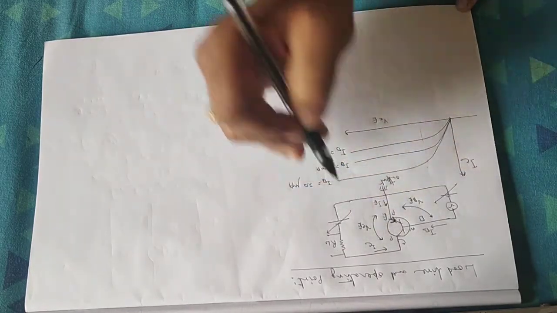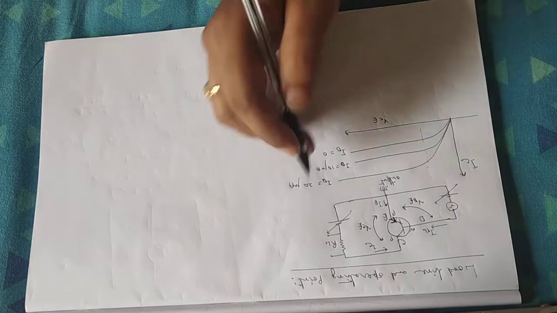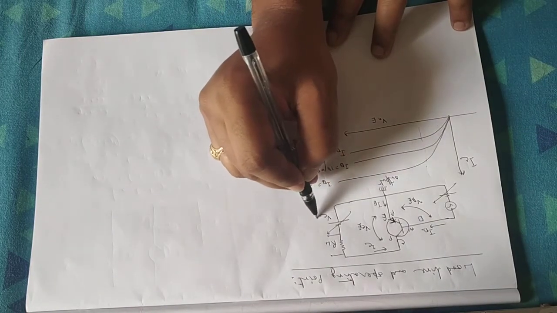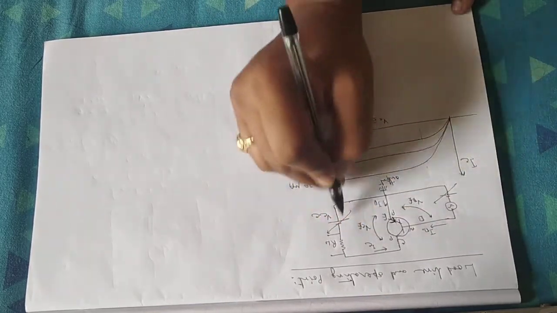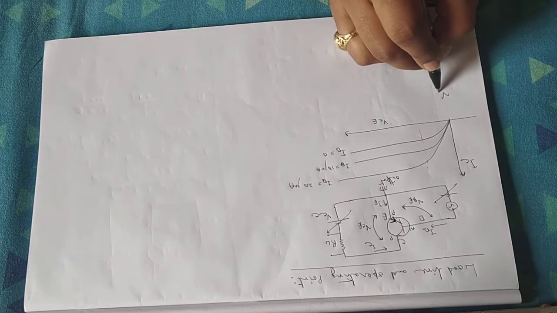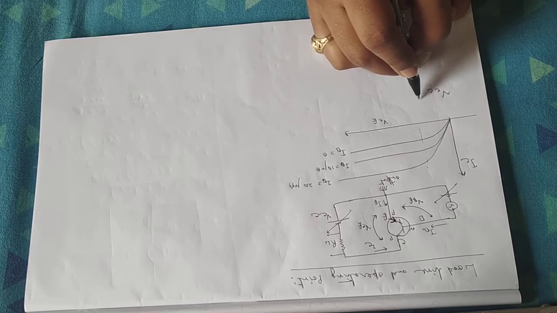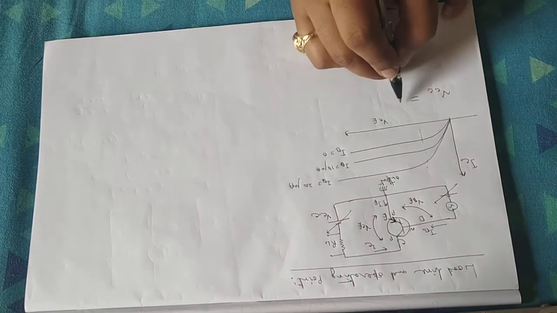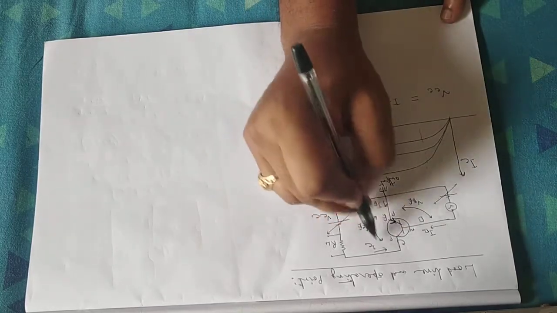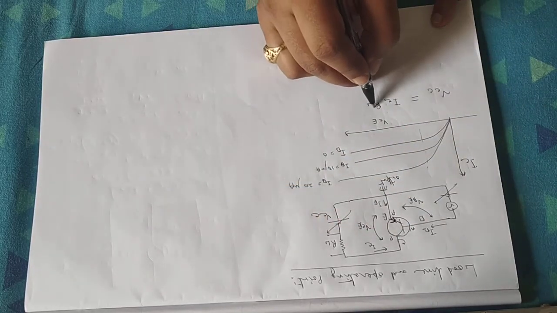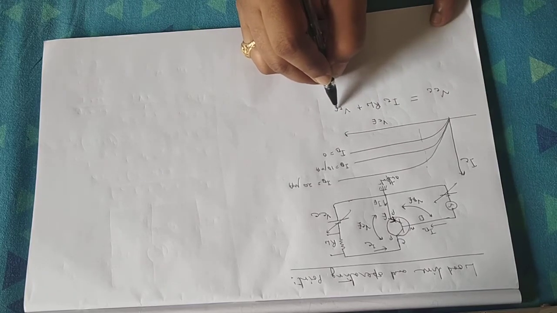For this output circuit, if we apply Kirchhoff's voltage law, the battery voltage is VCC. For this closed output circuit, VCC equals IC into RL, the voltage drop across RL, plus the voltage drop across the collector to emitter junction, VCE.